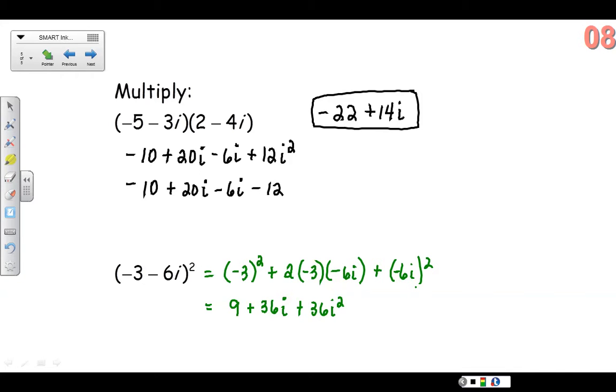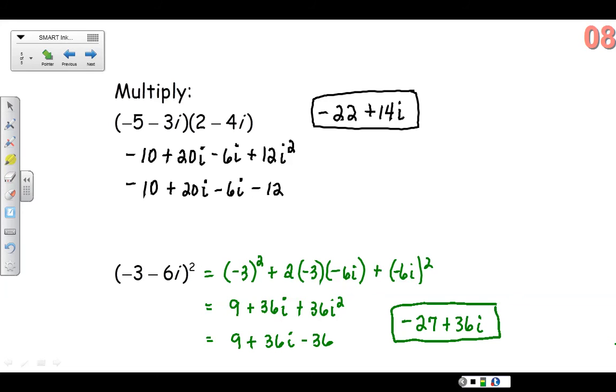We know that the i squared becomes negative 1, so that's minus 36. So the real part, 9 minus 36, gives me negative 27, and plus 36i for the imaginary part of my complex number. Again, I could have achieved this answer by doing the FOIL method. I just used the shortcut to review it with you.